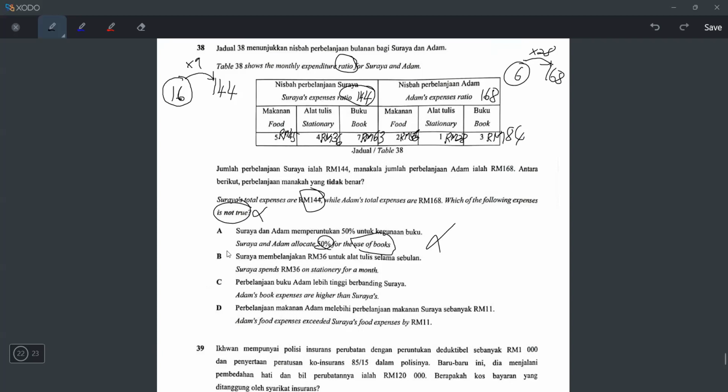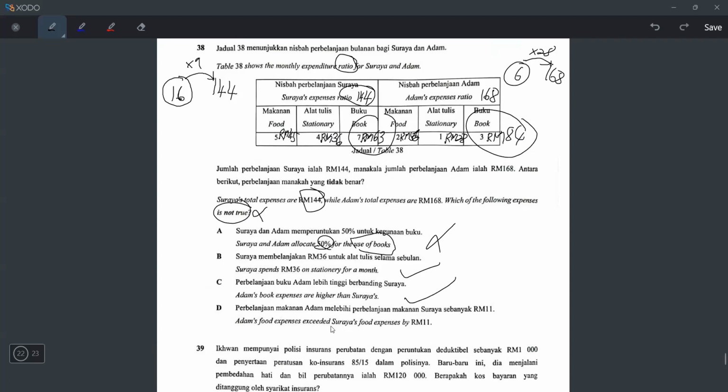So A is wrong. What about B? Suraya spends RM36 on stationery. Oh, this is true. What about C? Adam's book expenses are higher than Suraya's. 84 is higher than 63, so this is true. What about D?